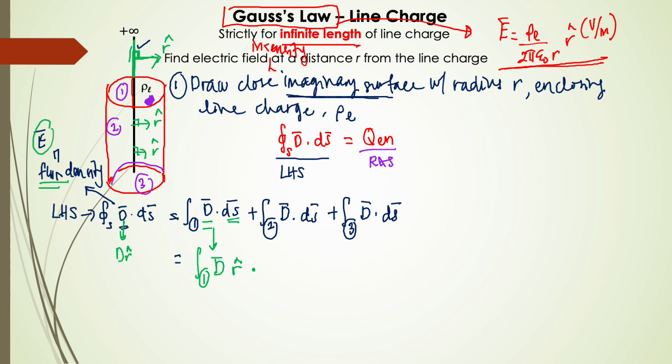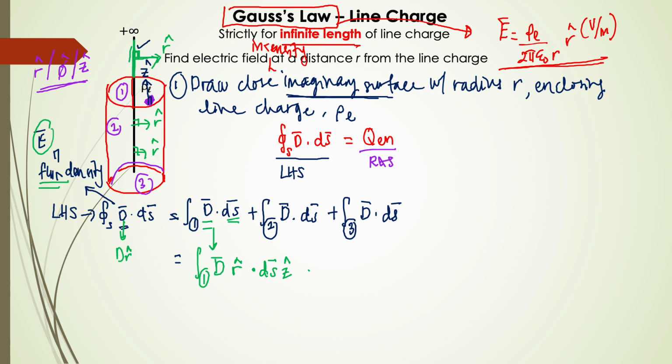For a cylinder, dS can be in R direction or phi direction or z direction, right? So which direction should we choose? Still remember, we need to choose the one that is 90 degrees to the sample. So the direction 90 degrees to this sample is z direction, right? So your dS should be in z direction for surface number 1.